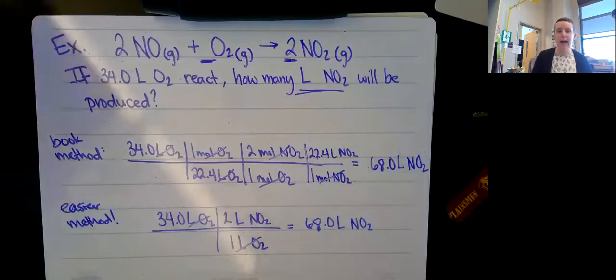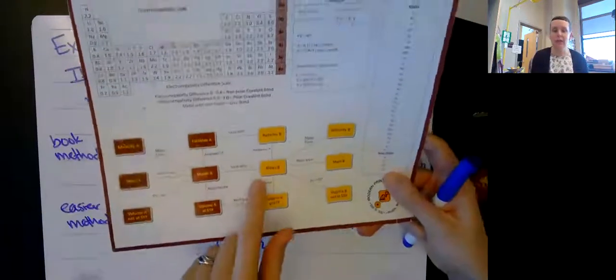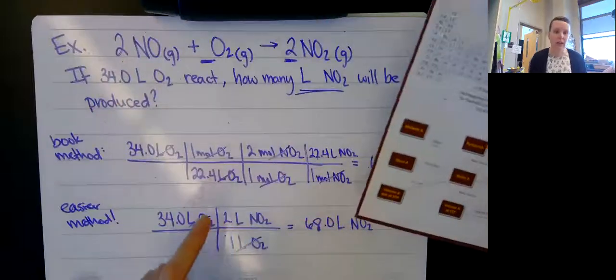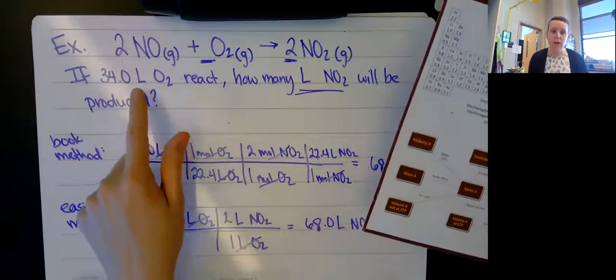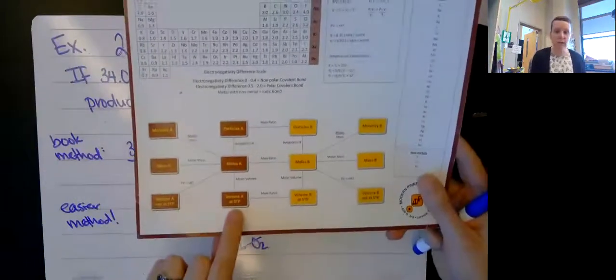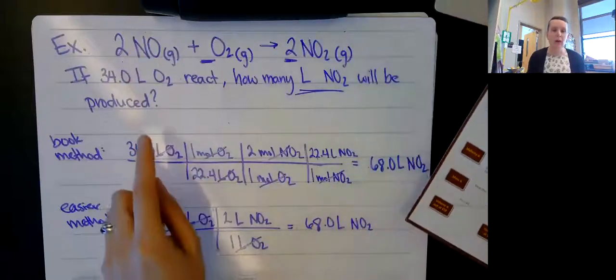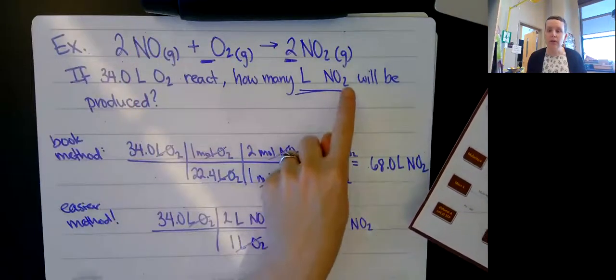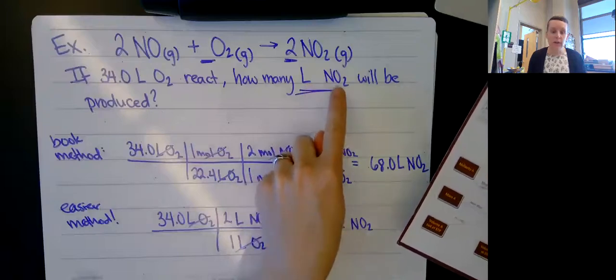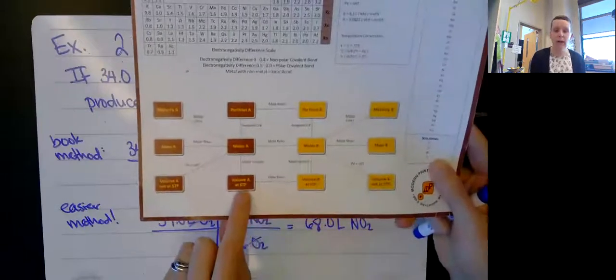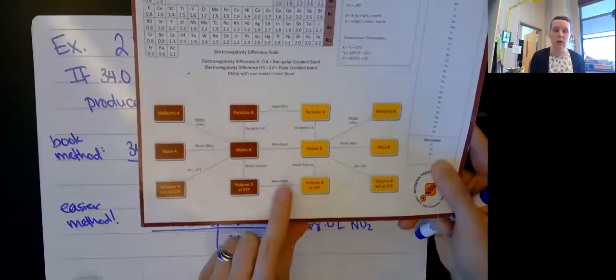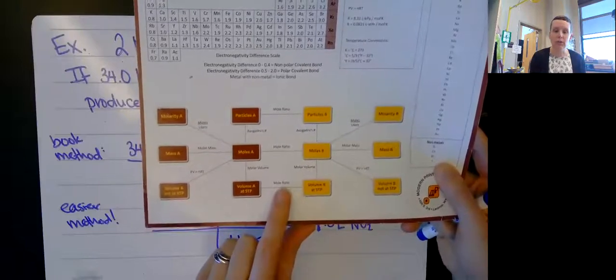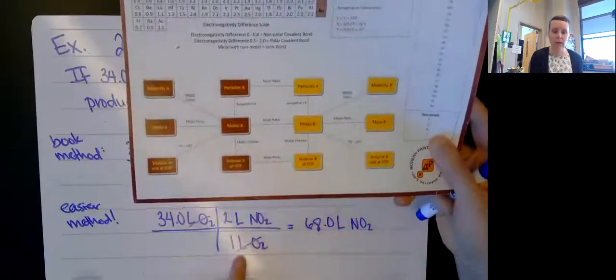I highly, highly, highly recommend that you always use this, okay? You say, where am I starting? Okay, so for this problem, we're starting with 34 liters of oxygen. That's a volume. Where am I trying to go? Well, how many liters of NO2? That's also a volume, but it's a different substance. So I'm going from volume of A to volume of B. The only thing I need is the mole ratio. And that's what we did, mole ratio.